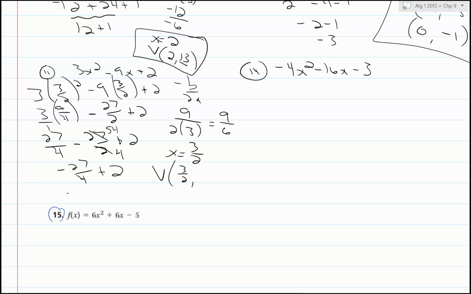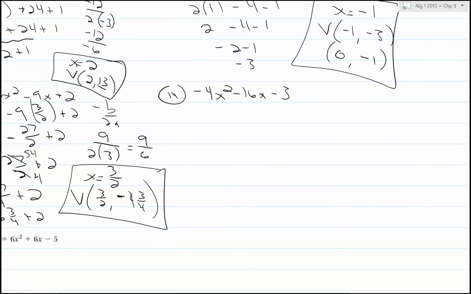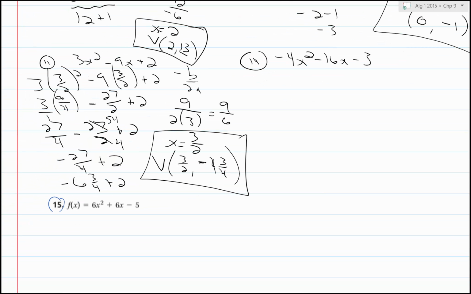We can get 6, so negative 6 and 3 fourths, because it would be 24, plus 2, so negative 4 and 3 fourths, or that would be 0.75 if you were on your calculator. Okay, so same process, just having to work with that fraction inside there. Oh wait, last part, the 0 would pair with 2.